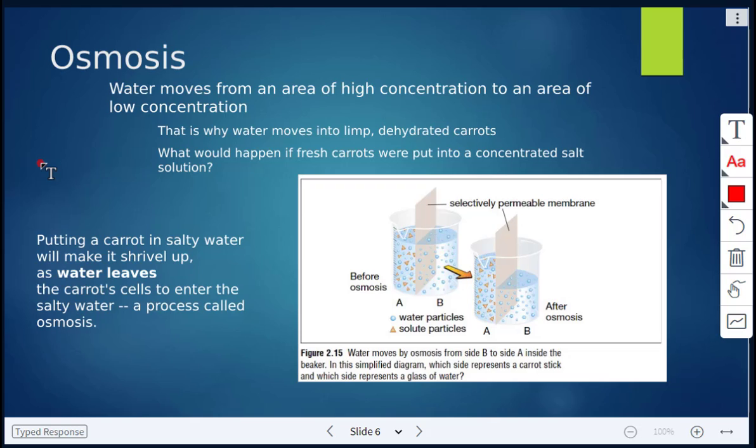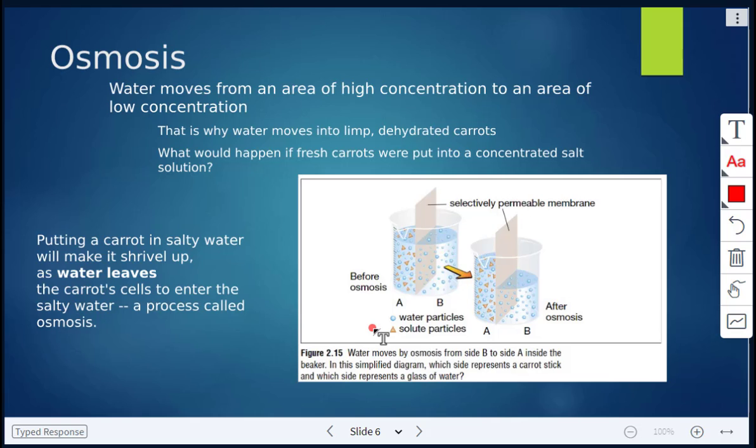Now a question: what would happen if fresh carrots were put into a concentrated salt solution? If we look at this diagram here, we have a selectively permeable membrane. The little blue circles represent the water particles, and the orange triangles represent the solute particles, the salt.